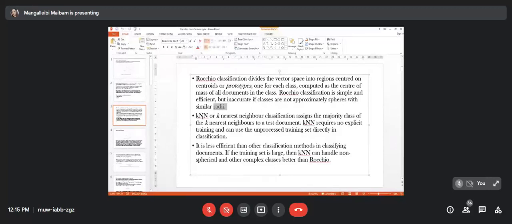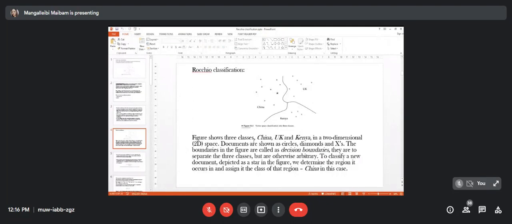After finding the weightage, that means the distance between the points, we will be assigning the majority class. That we will discuss in the example. So first let us discuss Rocchio classification.